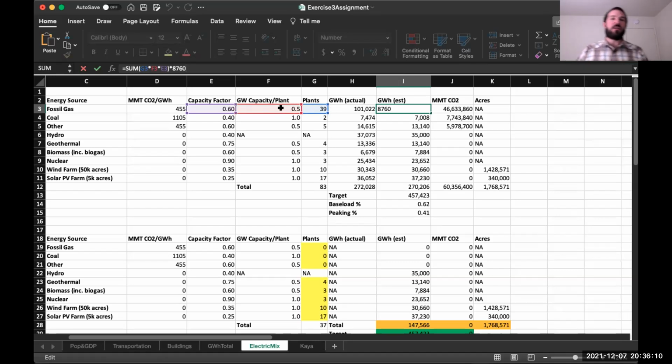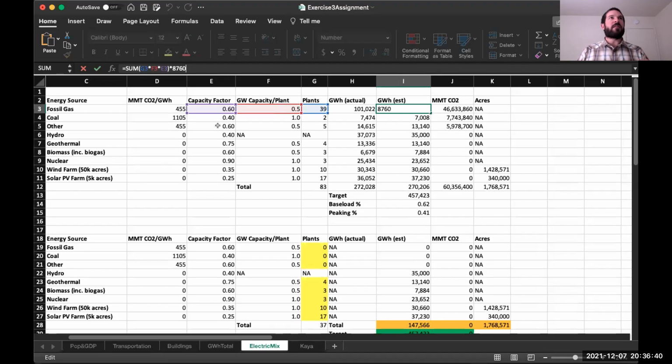Each of those can produce 500 megawatts or half a gigawatt of power when they're operating at full blast. So that's basically 20 gigawatts of total capacity that I could have. It's about 40 times half, 20 gigawatts of capacity. Now I multiply by the capacity factor, which is about half again. So it's about 10, 11, 12 gigawatts, okay?